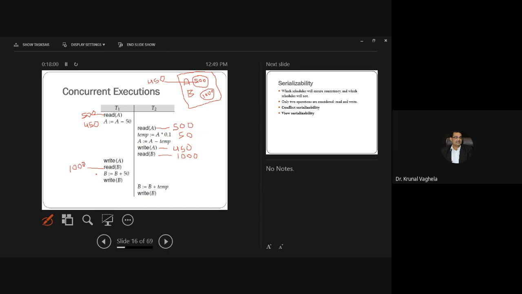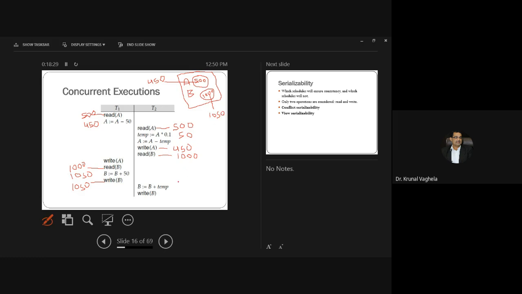B is equal to B plus 50, 1050. Write B. So B will be 1050. So here this is 1050. B is equal to B plus temp.